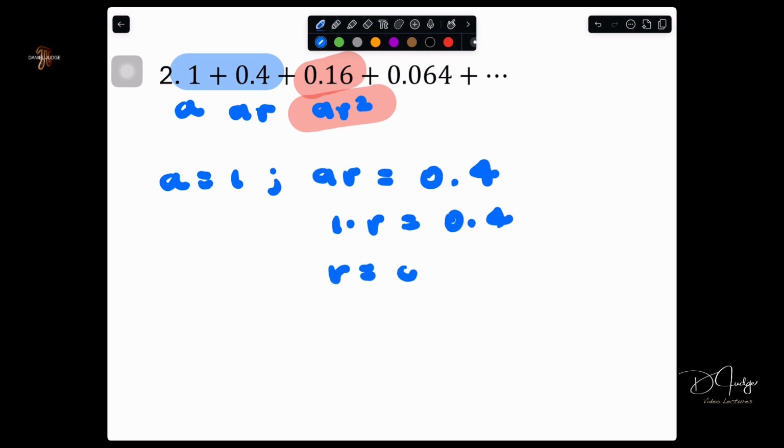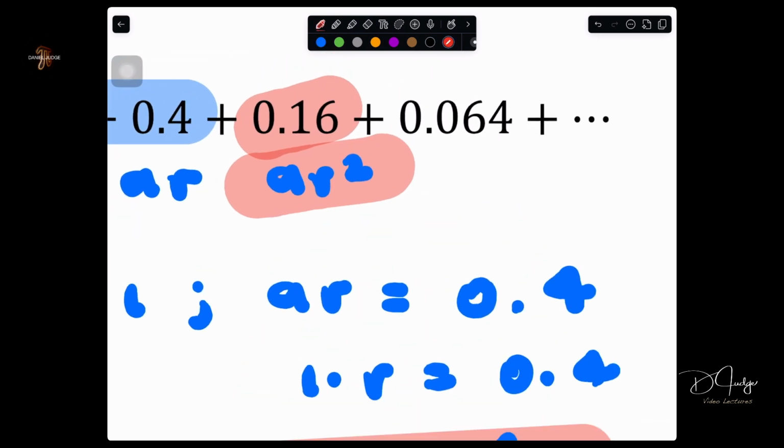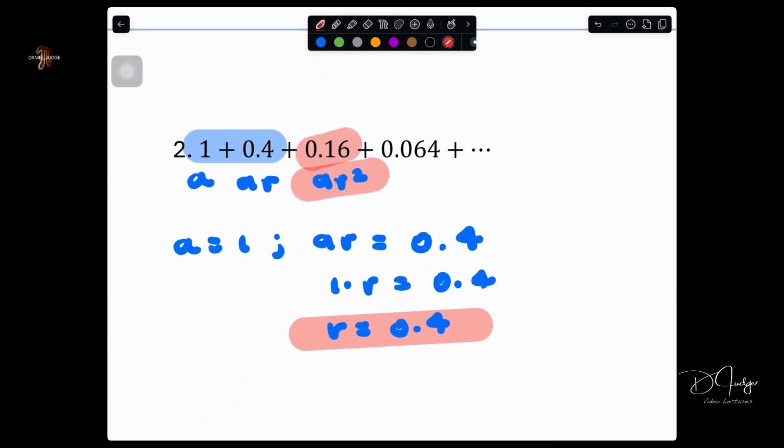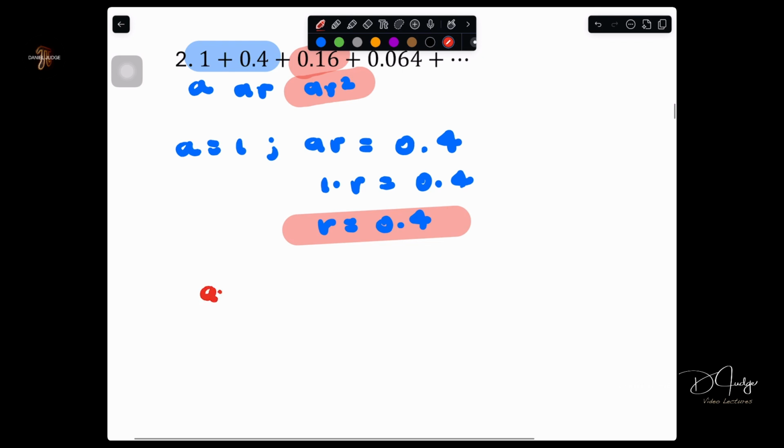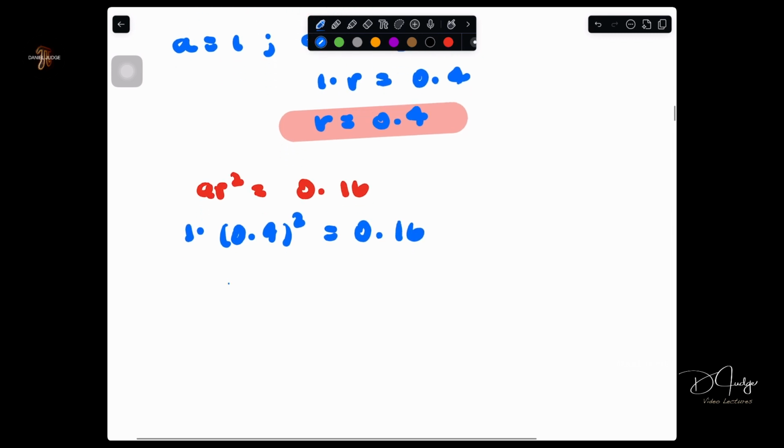So the R value is 0.4. Now, we got to verify the third term. AR squared needs to be 0.16. So, is AR squared 0.16? Well, 1 times 0.4 squared should be 0.16, which means 0.4 squared, sure enough, is 0.16. That is actually true.